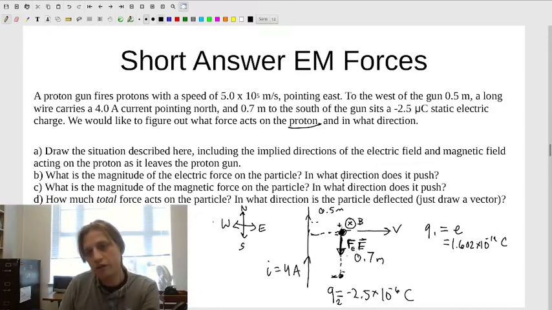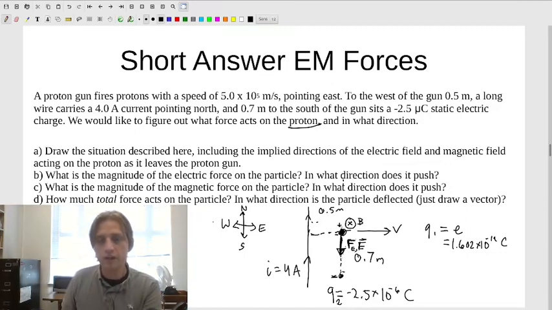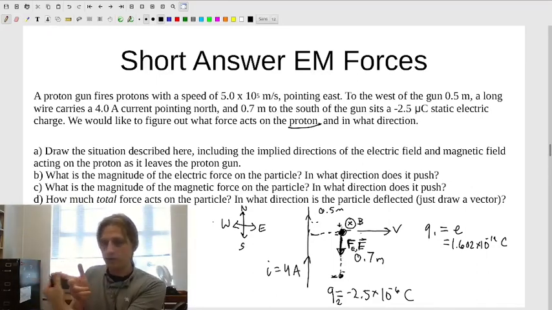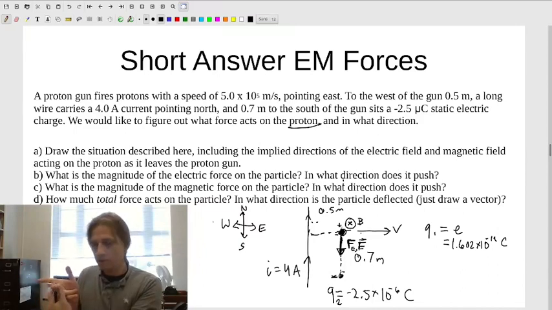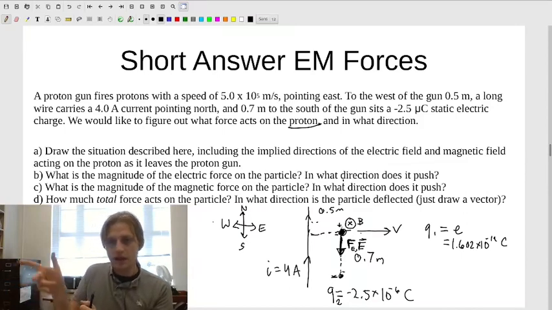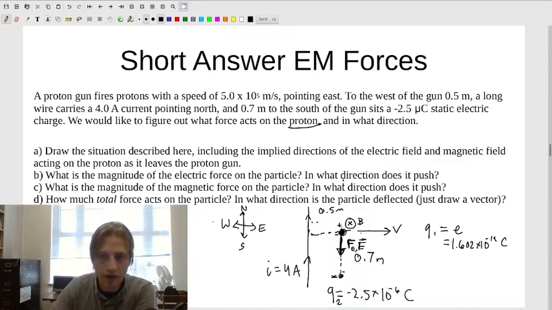If I want to figure out what direction my magnetic force is pointing, I'm going to have to use my V cross B equals F. My index finger goes in the direction of V, my middle finger goes in the direction of B, and then my thumb goes in the direction of F. V cross B is F. If you do that, you'll find that the force on this particle from the magnetic field is pointing north.